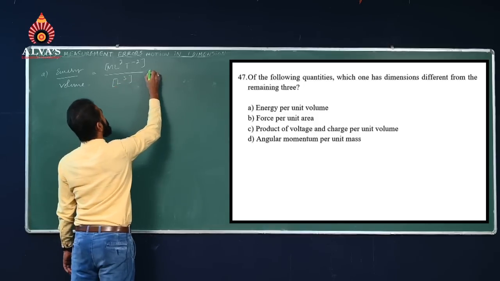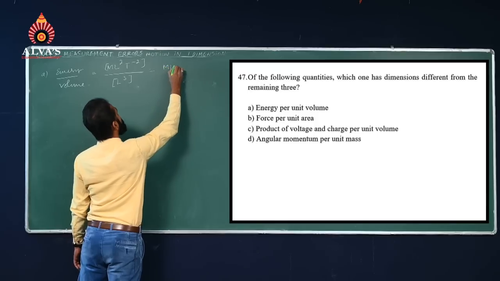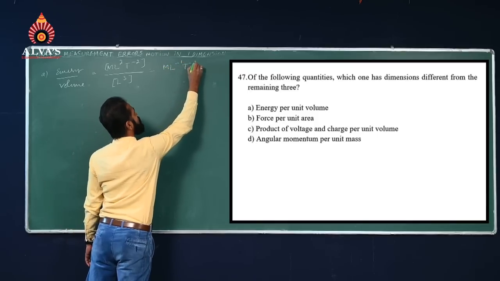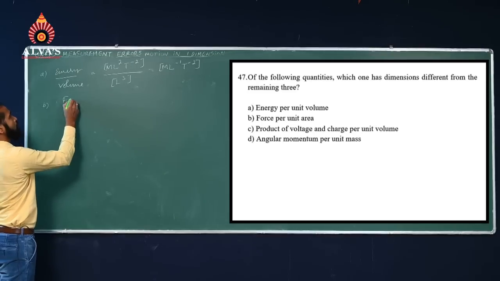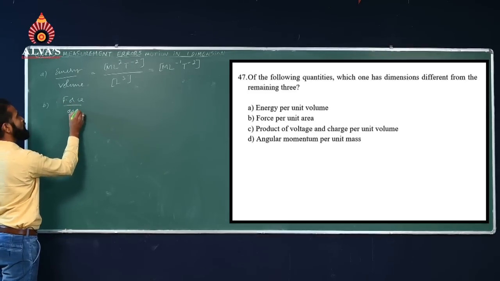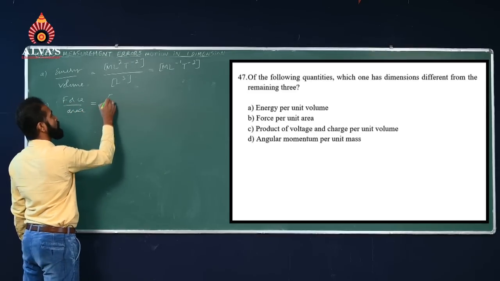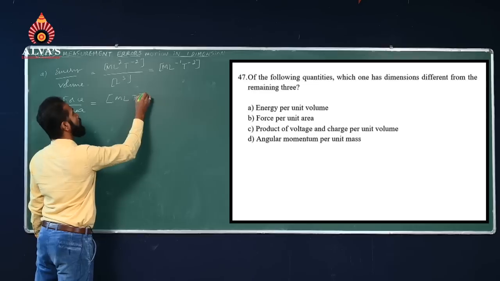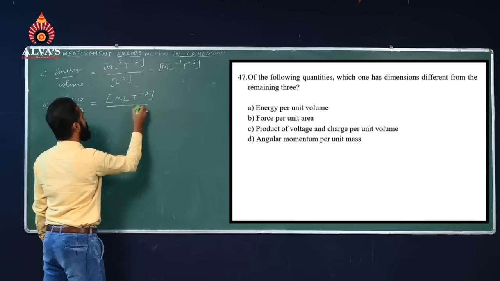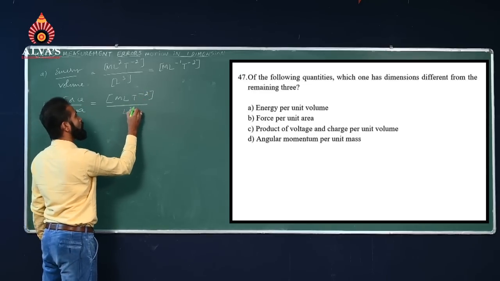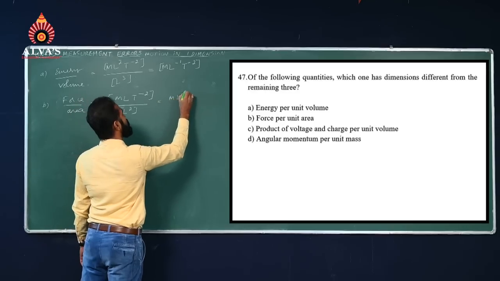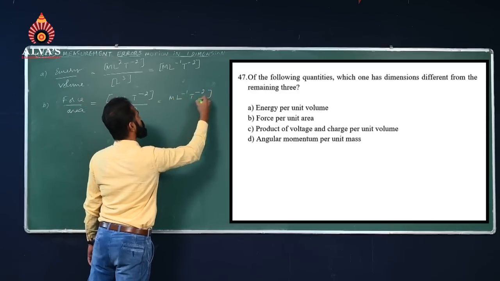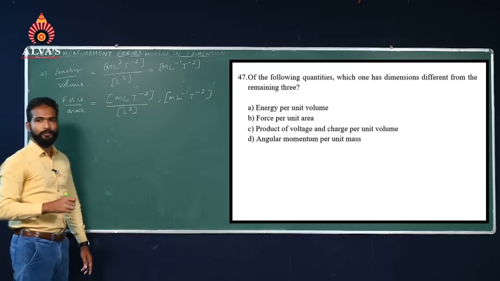So the final dimension becomes M L^-1 T^-2. The second quantity is force per unit area. Force has dimensions M L T^-2 divided by area, which has dimension L^2. If we substitute, we end up with M L^-1 T^-2.